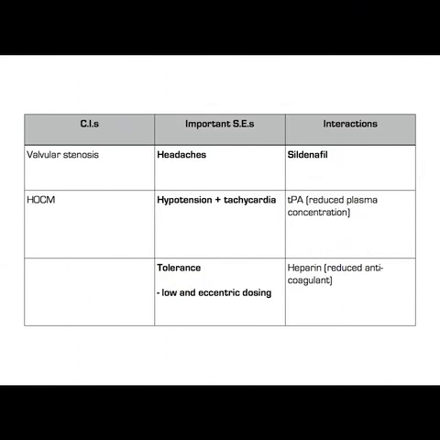Nitrates are obviously contraindicated in hypotension when the blood pressure is less than 90 systolic, or when there is valvular stenosis or hypertrophic obstructive cardiomyopathy. The most important drug interaction is with sildenafil, as this enhances the hypotensive effect of nitrate.